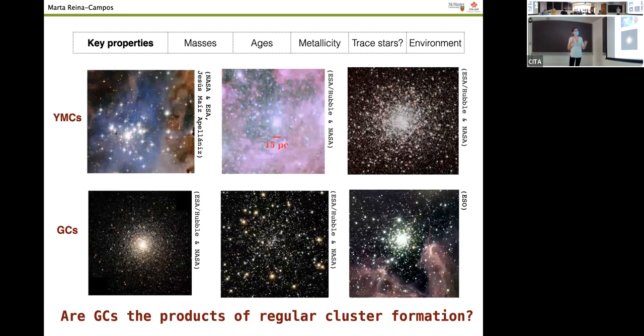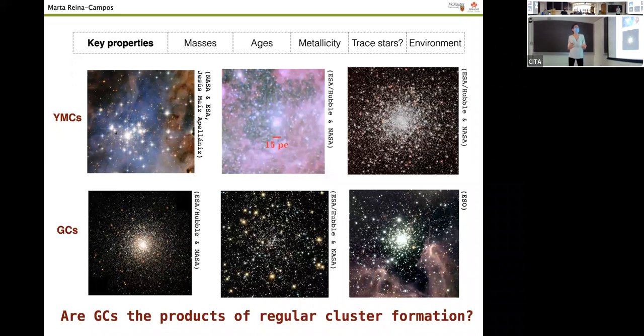And if we look at certain properties for young massive cluster populations and globular clusters, this slide is just showing 3 examples for each of the 2 categories of objects. We can see that actually they're fairly similar. These objects have similar masses, they have similar sizes, and both of them are tracing the stellar environment.